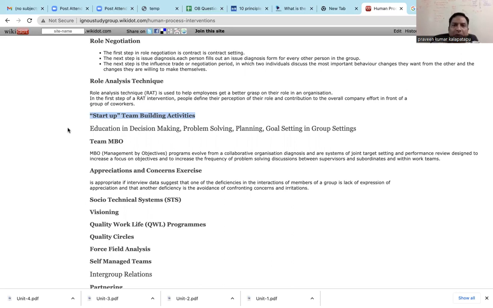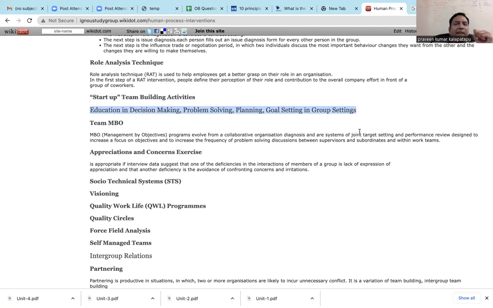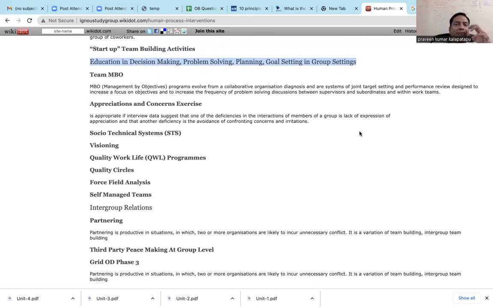That takes us to the next thing, which mainly concentrates on education. These interventions mainly concentrate on improving the skills of an employee, to be very simple.